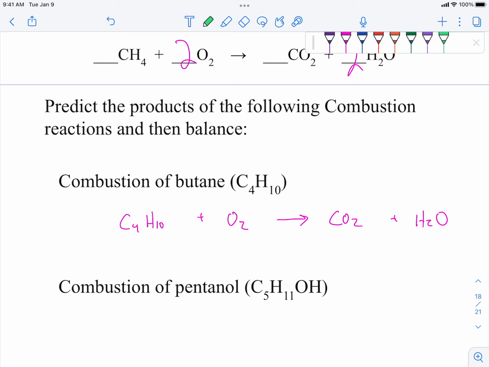Dylan? 2C4H10 plus 9O2, which is 8CO2 and 10H2O. Okay. Let's double check here.